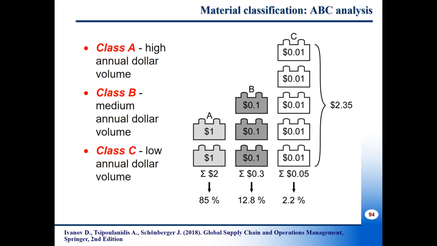Consider a simple example. Imagine that you have 10 Lego blocks. 2 of them are red, 3 green, and 5 blue, like the figure in our slides. To perform the ABC analysis, we measure the annual demand for each inventory item times the cost per unit.